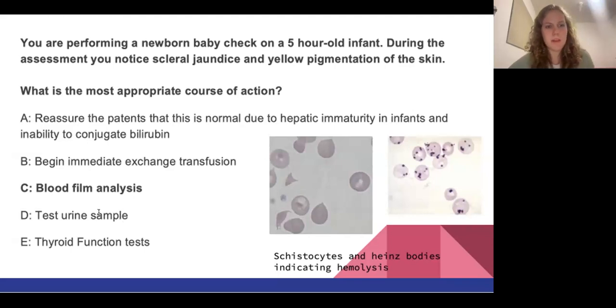It's probably not C because we want to rule out any hemoglobinopathies first. And E is a cause of prolonged jaundice. So the blood film shows schistocytes, which is a sign of red blood cells being broken down abnormally, and Heinz bodies. So it's probably a hemoglobinopathy.